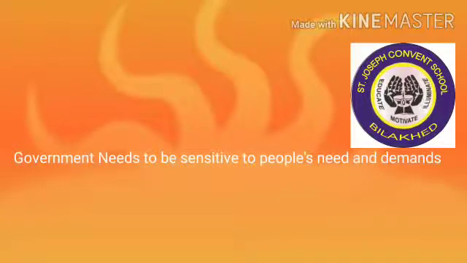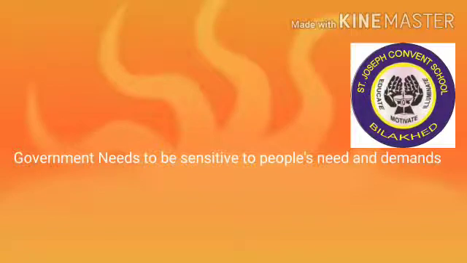With the coming of independence, we have become citizens of a free country. But this does not mean that the government could do whatever it feels. Instead, the government had to be sensitive to people's needs and demands.